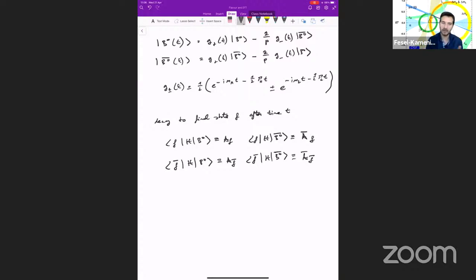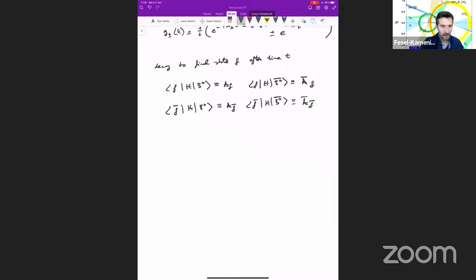Some can vanish depending on the final state, and some can be related. But let's leave the whole thing free for the moment and see how we can define measurable quantities using these amplitudes. In particular, one can define a so-called time-dependent decay rate, which we'll define as the differential decay rate over time for a B naught at 0 time.